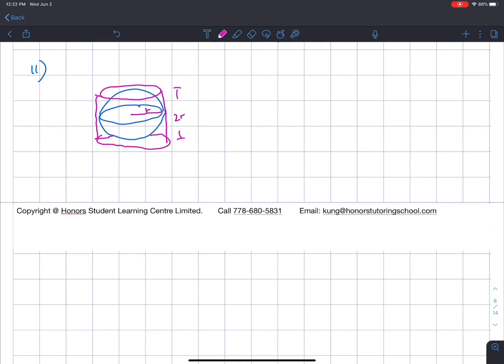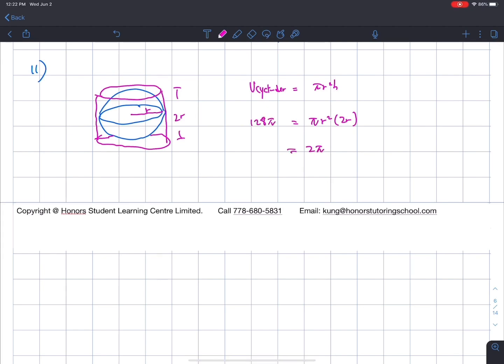If the volume of the cylinder, okay. So volume of a cylinder is pi r squared h. And we know that the radius is r and h is 2r. And we were told that this volume is 128 pi.